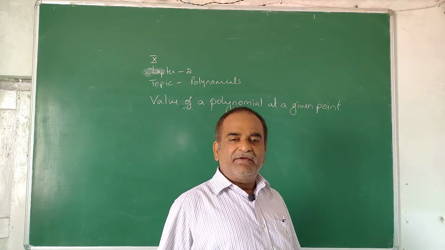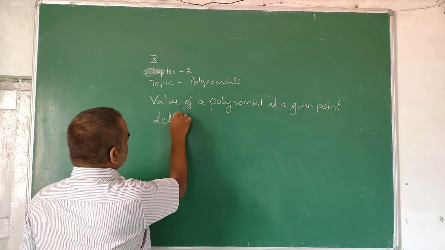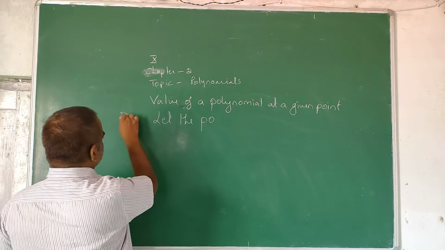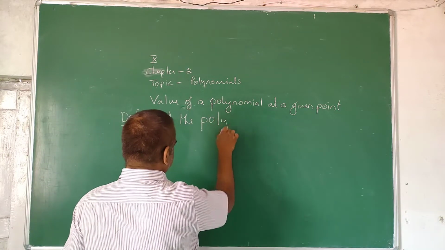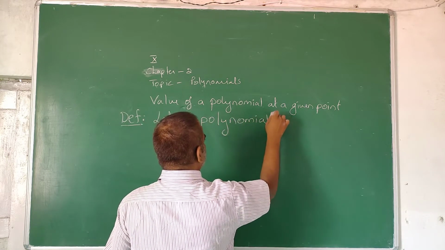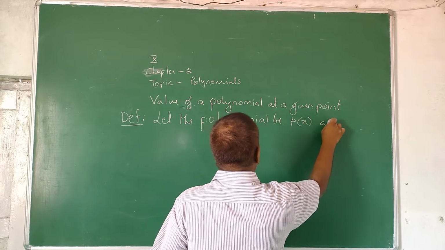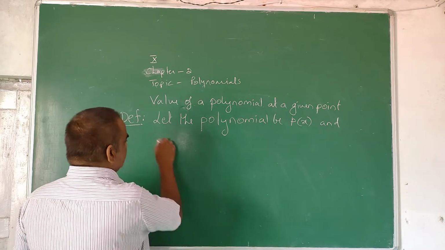Now I will give you the definition. See, let the polynomial be p of x, and a given point.